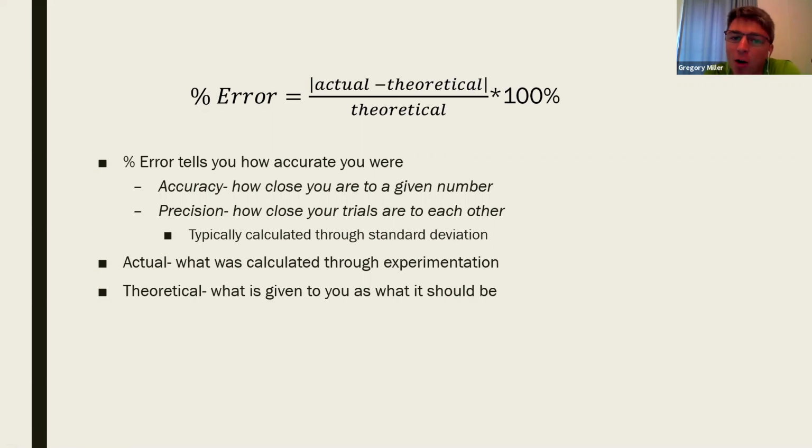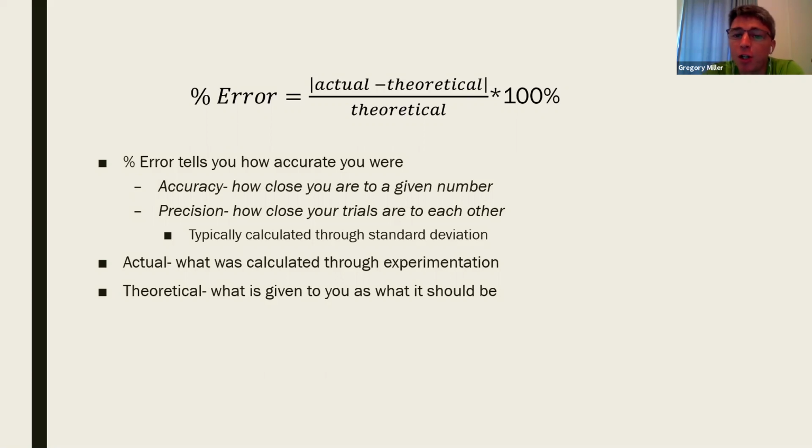Again, percent error tells you how accurate you were, how close your actual value was to the theoretical value, whereas precision is how close your individual trials are to each other. So remember, all the way back towards the beginning of the semester, we talked about accuracy versus precision. Same concepts come up here again.